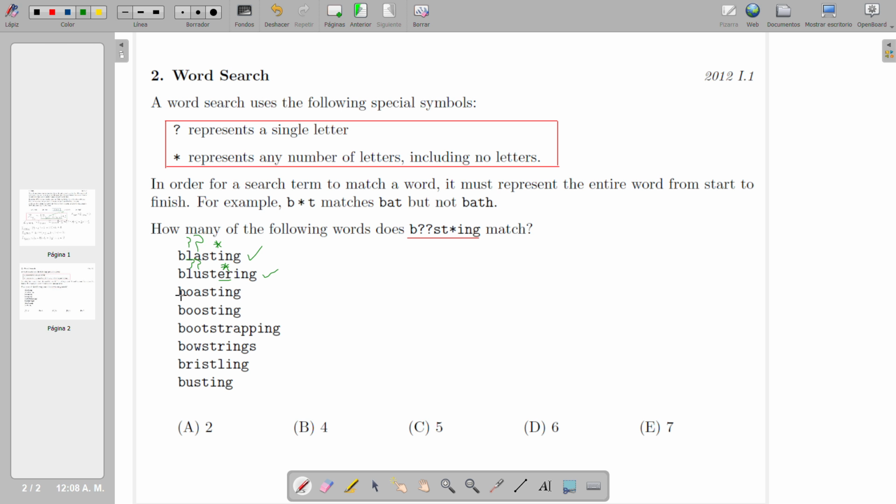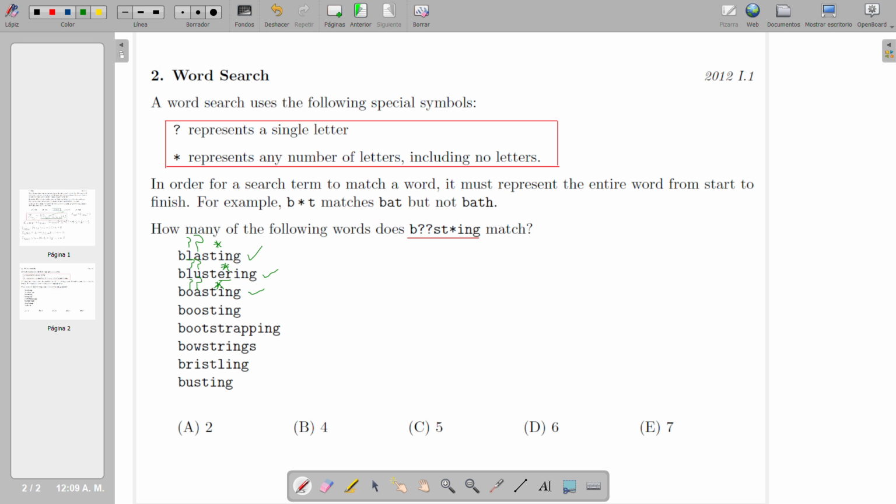Then we have boasting. For O and A, both letters could be substituted by a question mark. And then again we have nothing between T and ing, which follows the second rule of the asterisk representing no letters.